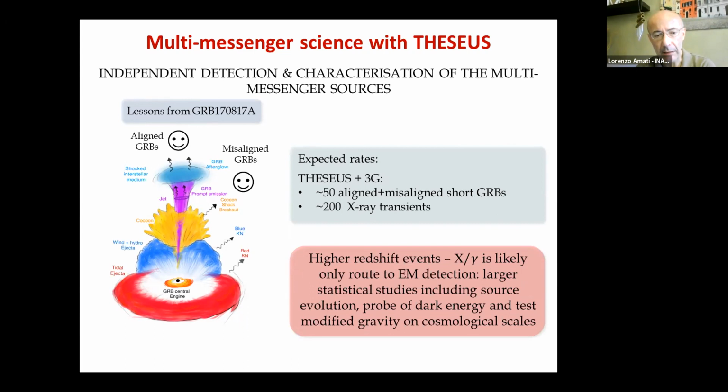And thanks to these capabilities, we expect several tens or hundreds of electromagnetic counterparts, short gamma ray bursts and X-ray transients, associated to gravitational wave signals detected, for instance, by third generation gravitational wave detectors like the Einstein Telescope or Cosmic Explorer.